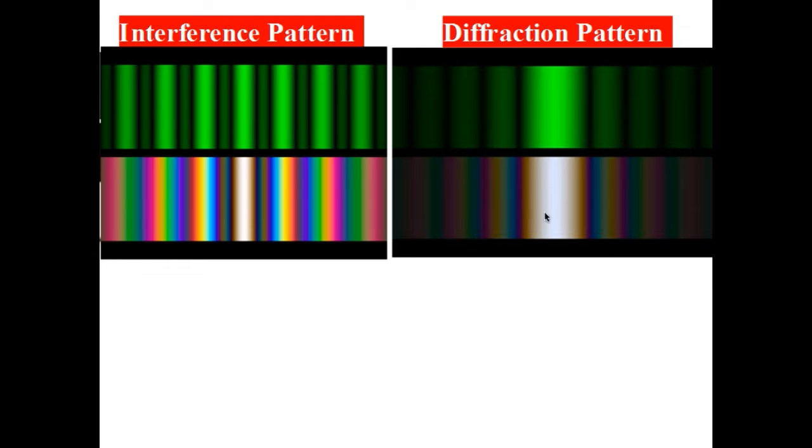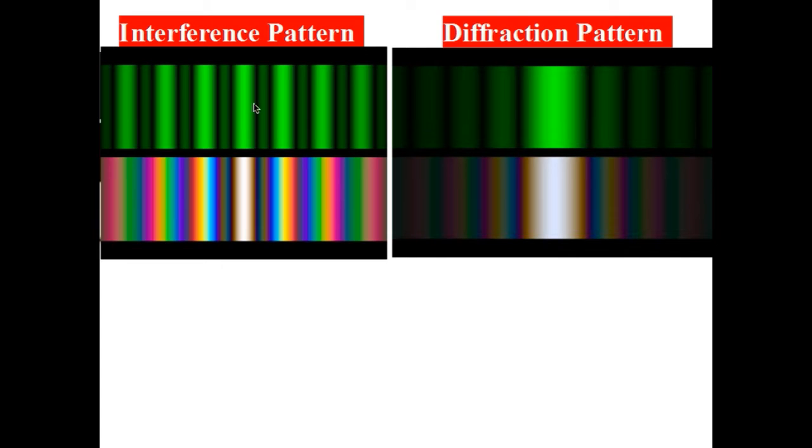Here is the diffraction of white color. We know that the central bright fringe is white since all the lights diffract and the central bright fringe is at the middle, so we get the white color, and also the intensity decreases.